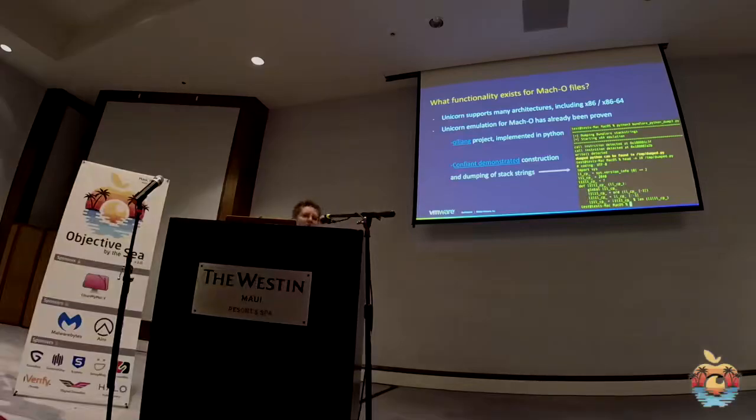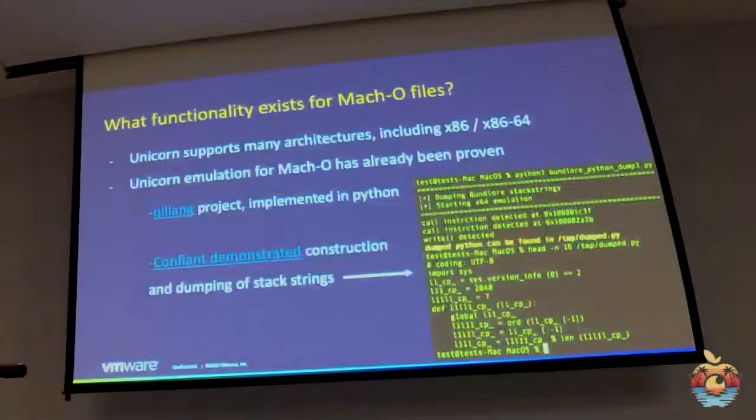Confiant wrote a very nice blog post where they first went through with LLDB and debugging to pull out this functionality and dump out the Python script. But then they also decided to take Unicorn and ask, can we emulate this? Because if you're going to use LLDB, you're on a Mac system, so you're kind of constrained.